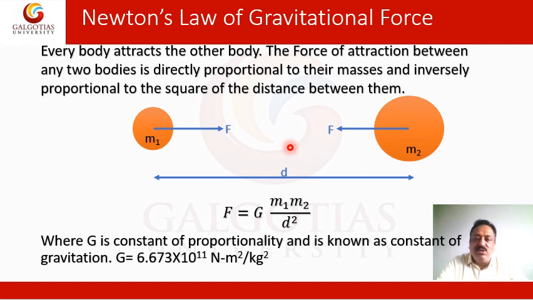Then this force of attraction plays a vital role between these bodies, the attraction between the Sun and Earth, and because of this gravitational pull, Earth circulates in an orbital path around the Sun.